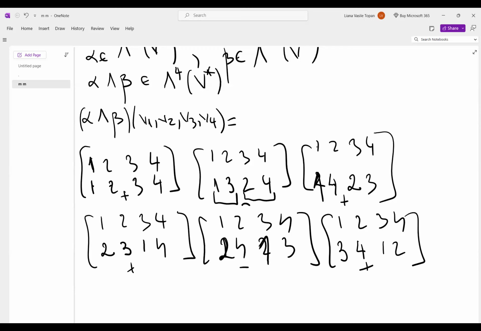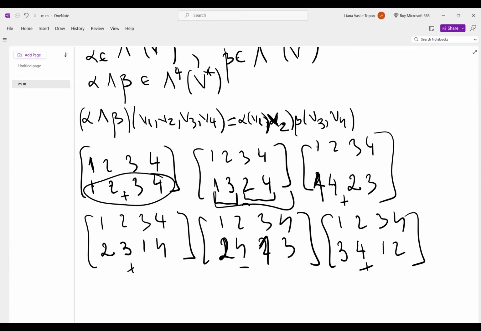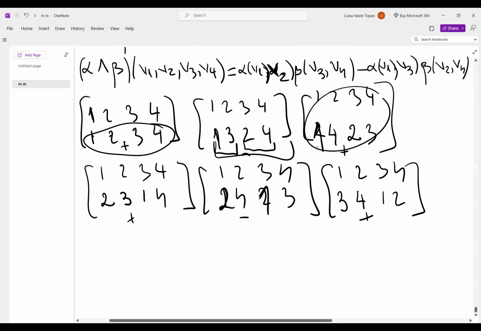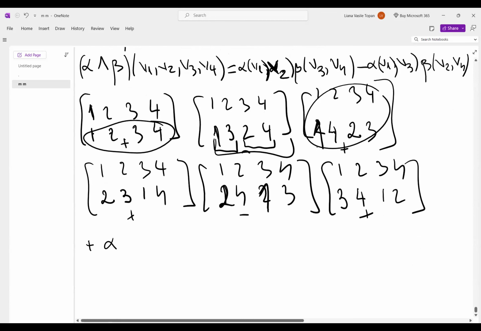Okay, so when you write them down, this one will be alpha of v1, v2 times beta of v3, v4. Then this one will come with minus alpha of v1, v3 beta of v2, v4. And here this will come with plus, so it's plus alpha of v1, v4 beta of v2, v3.